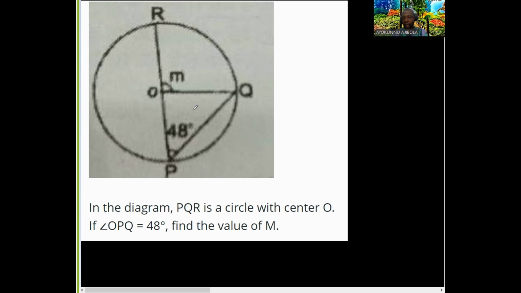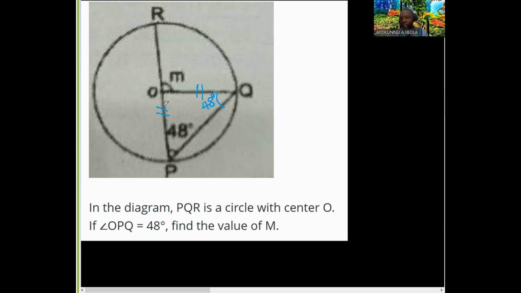Why did I say it's straightforward? OP is a radius and OQ is also a radius, which makes the triangle isosceles. So the angle at Q will also be 48. Is that clear? Yes, sir.